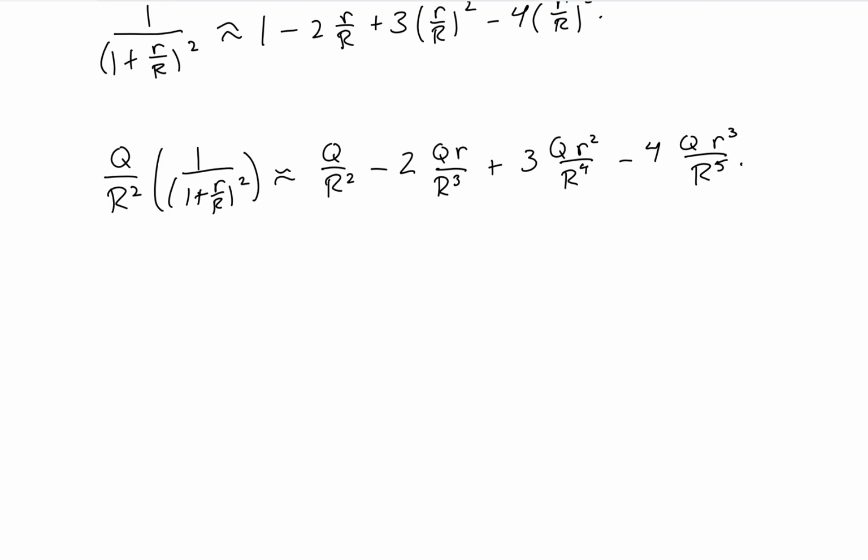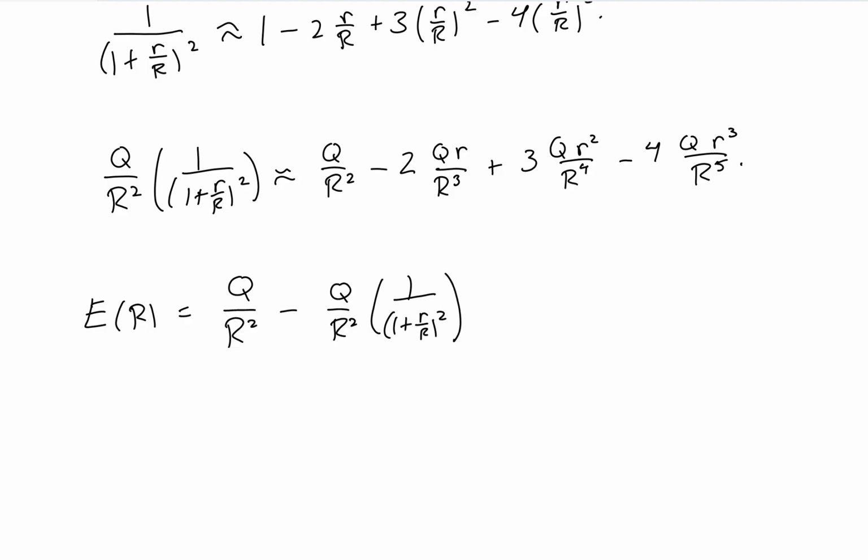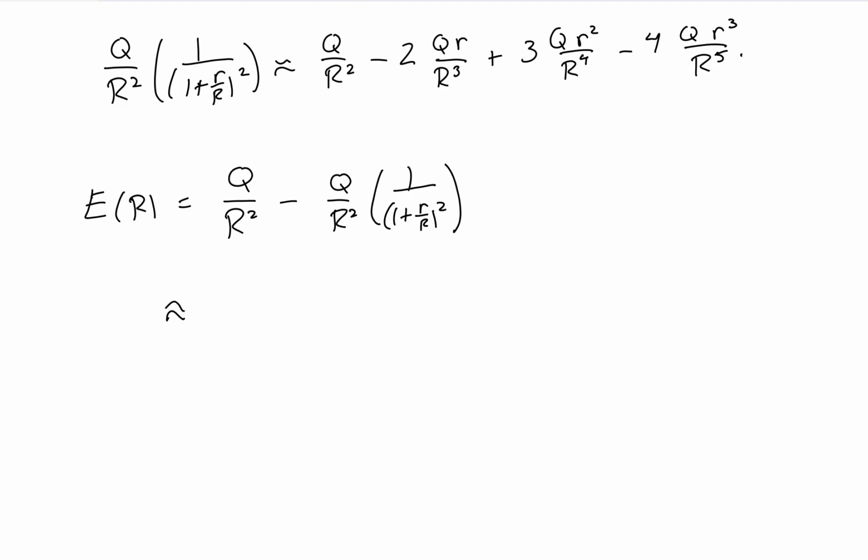Finally, we can put all this back together, so E of r, remember, is q over r squared minus q over R squared and 1 over 1 plus r over big R squared. And so this is approximately q over r squared minus, and now we use our approximation that we just figured out.